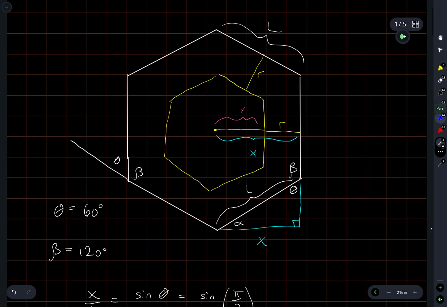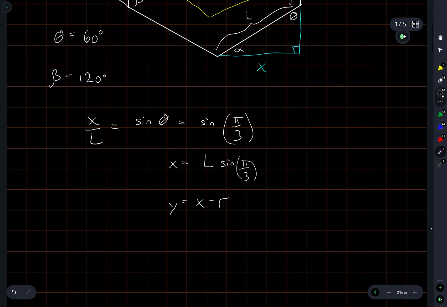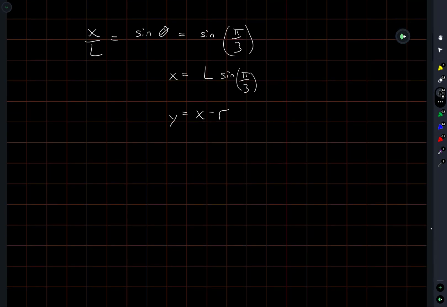Well, I can do something similar. I suppose the side length of this hexagon, let's call this S. The relationship between y and S is going to be the same as the relationship between X and L. So y over S is equal to sine pi over 3.